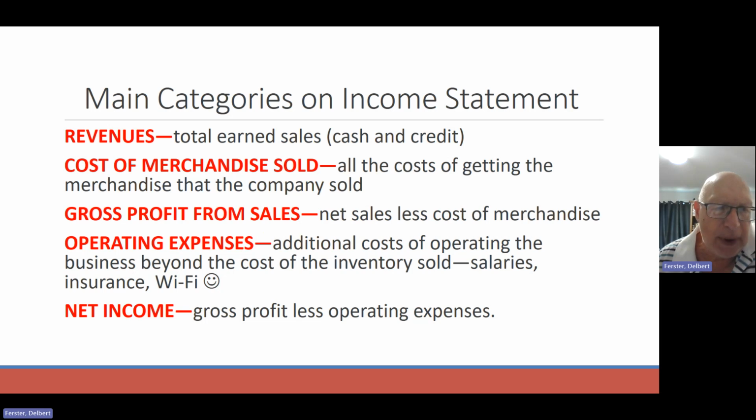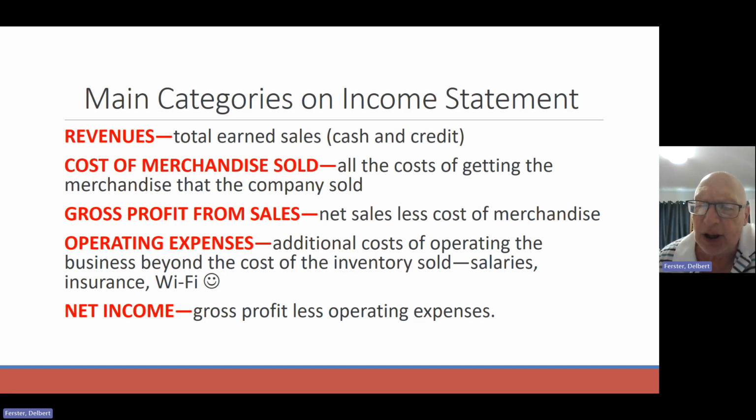Again, you can take the time to read this slide. I can read some things for you. We'll talk about revenues, the total earned from sales, cash and credit, and cost of merchandise sold. You can think of how much it cost us to make that. And again, we're hoping that the money coming in is exceeding the cost that it took to make those goods. If that's the case, then we will have a gross profit from our sales.